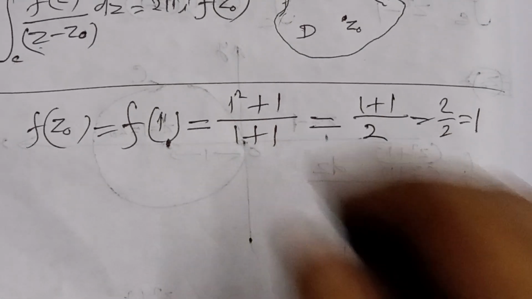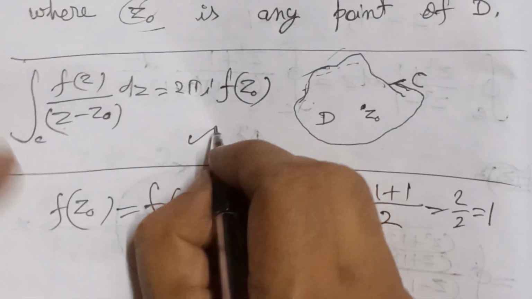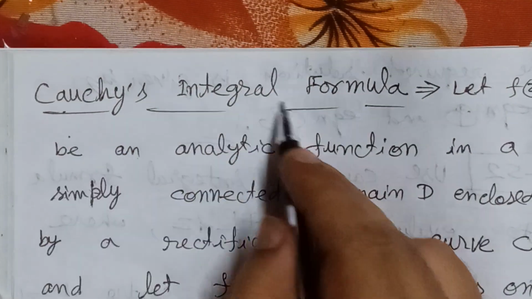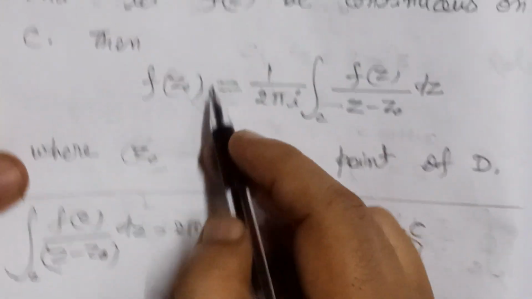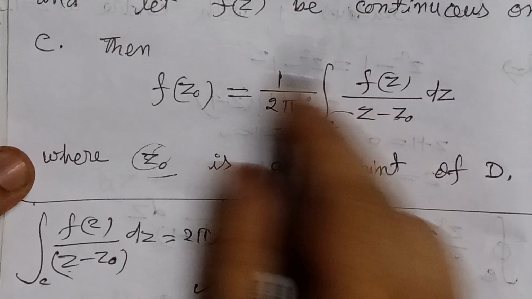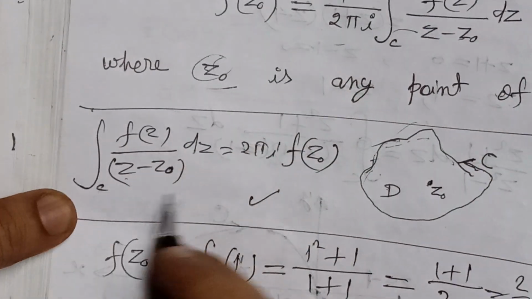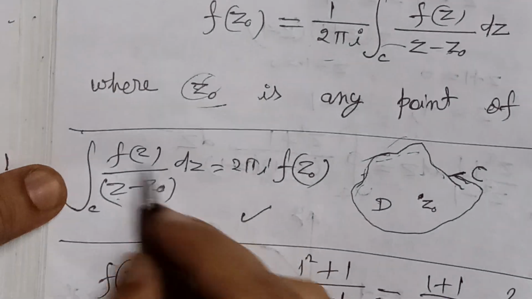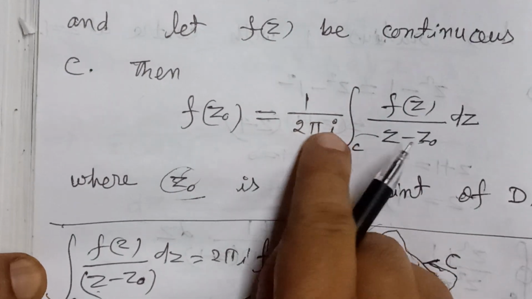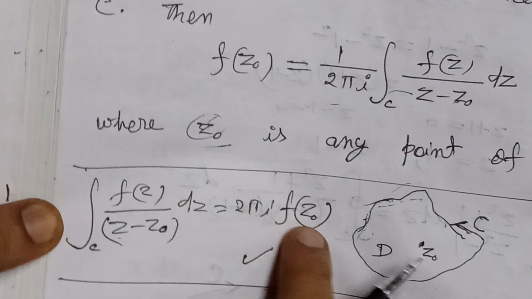Now we can apply this formula, which is nothing but the Cauchy integral formula which we studied in this form, on transposing 2 pi i to the left hand side, and we get this value.